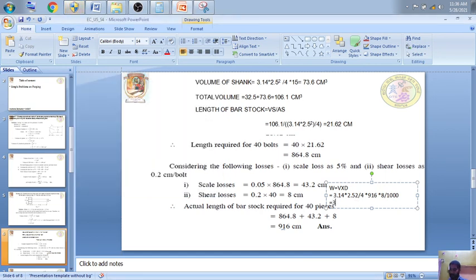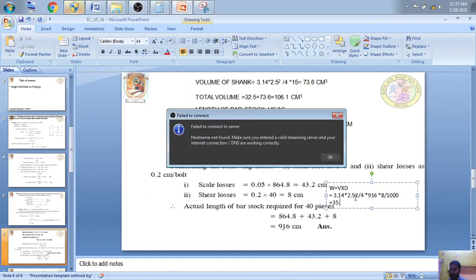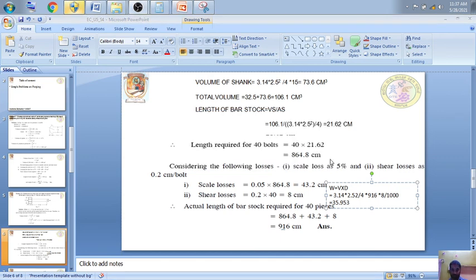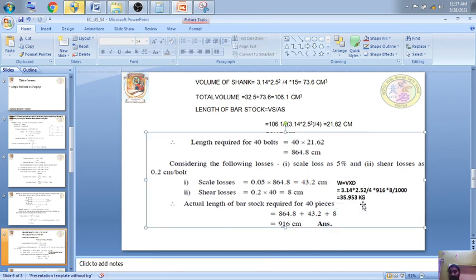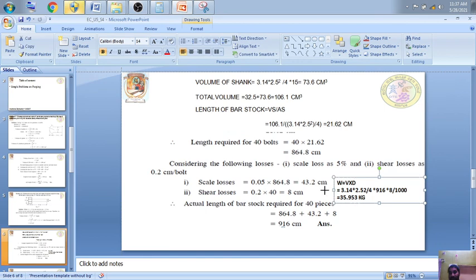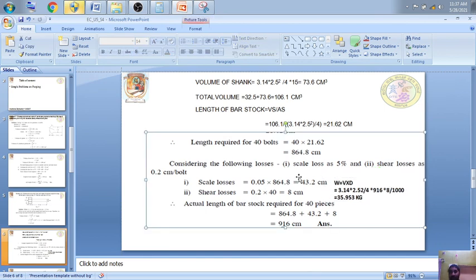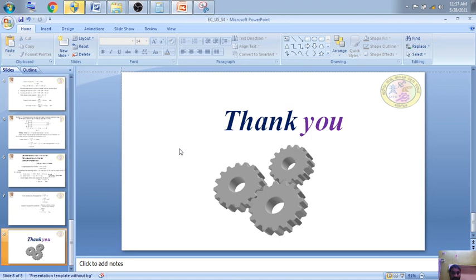So 35.953 kg of material is required for preparing such 40 bolts. So 35.93 kg is the total weight of the stock required. Hope you understood this problem. Thank you.